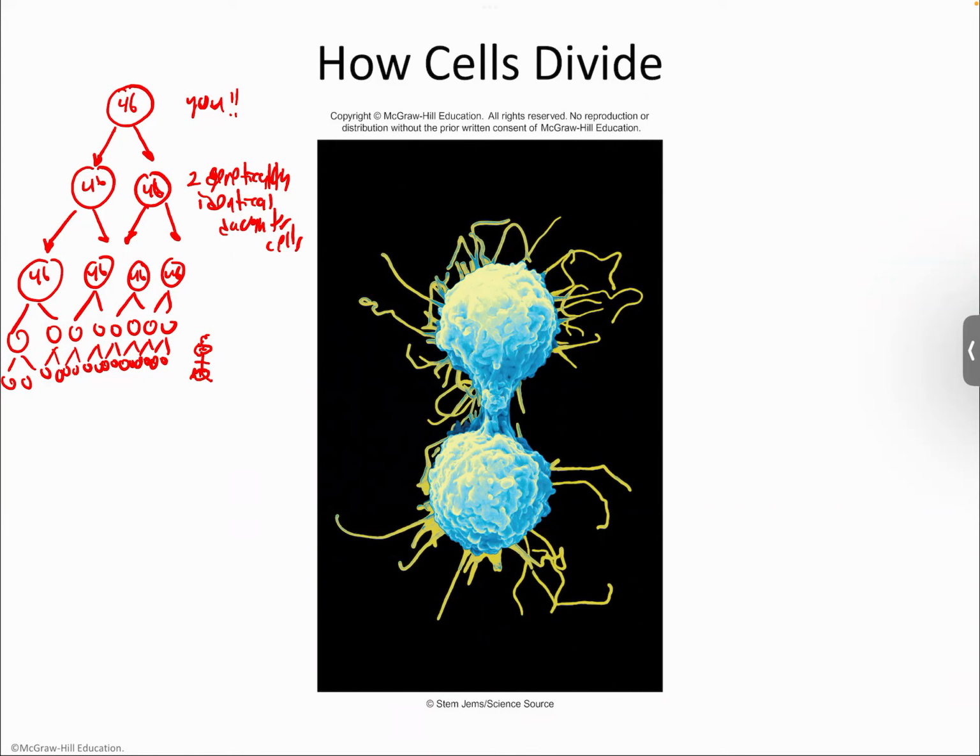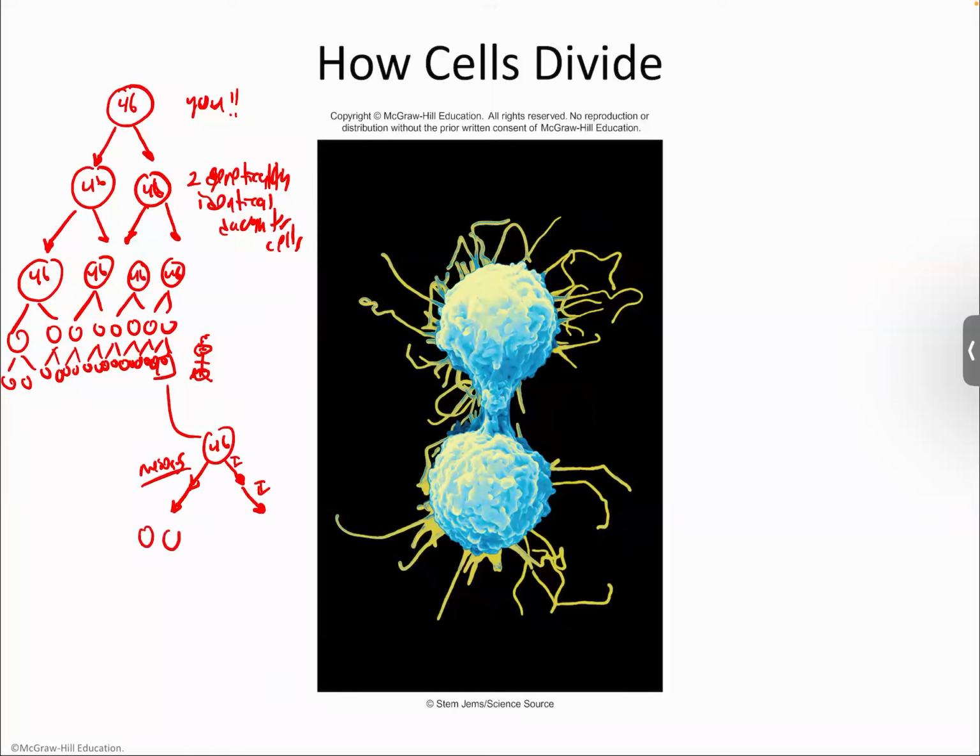Okay. Now, the way that this works is that a subset of these cells in the baby's body are set aside, and they go through a different type of cell cycle, which has two phases to it, called meiosis. There's a meiosis 1 and a meiosis 2.